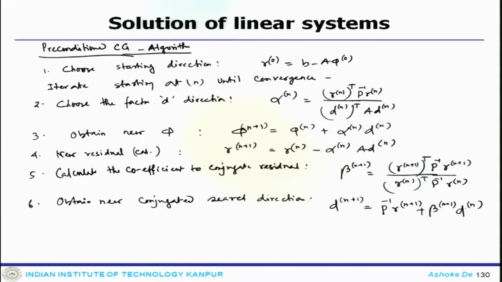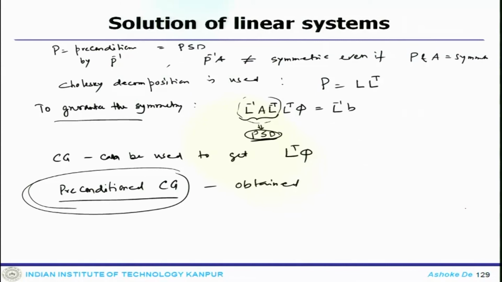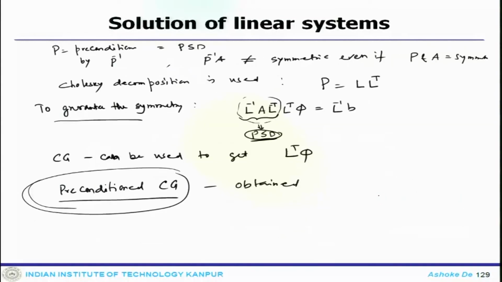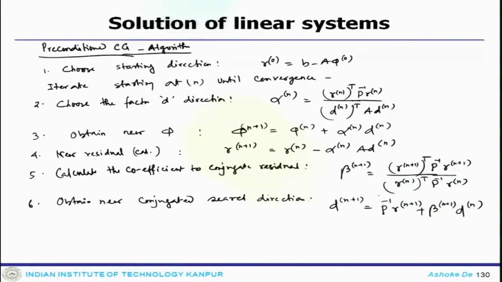Now, if you look at the previous step of conjugate gradient, there you get the new conjugated search directions using beta n and d n, and there is no preconditioner. But when you look at this preconditioning system, these preconditioners come into the picture.